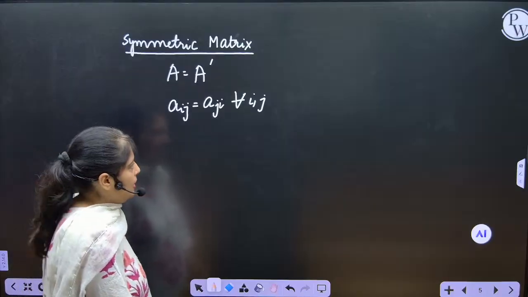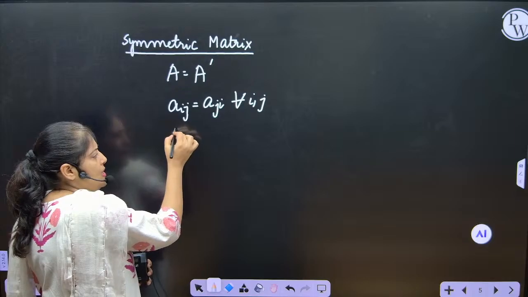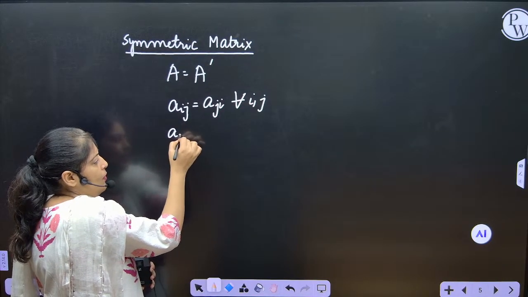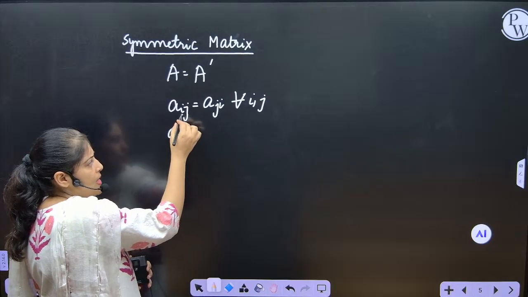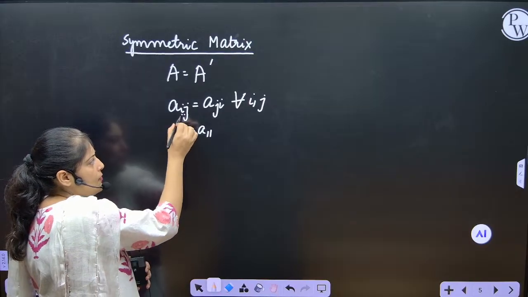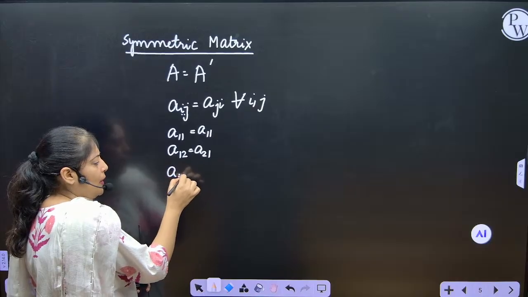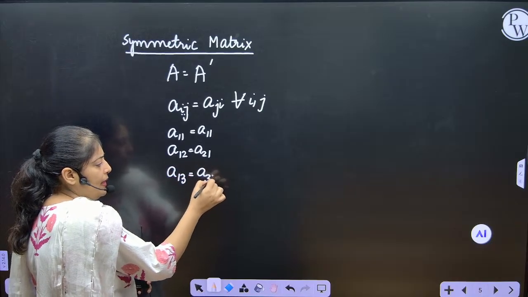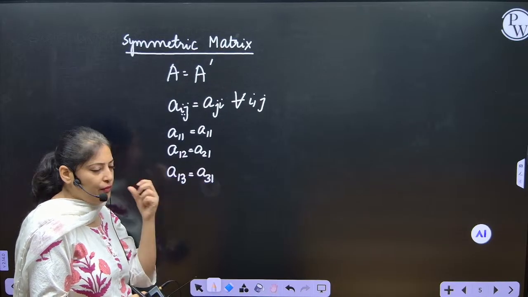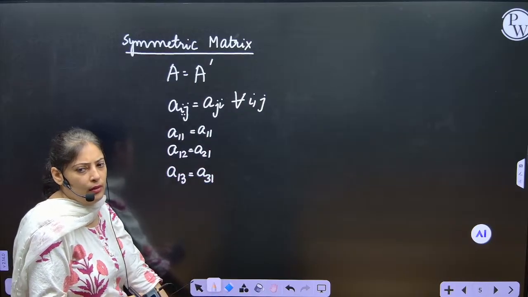Now what does it mean? Suppose I'm talking about a 3 cross 3 matrix. A11 means i is 1 and j is also 1, so j is 1, of course. Now A12 will be equal to A21, A13 has to be equal to A31, jumbling the j and i, and so on.